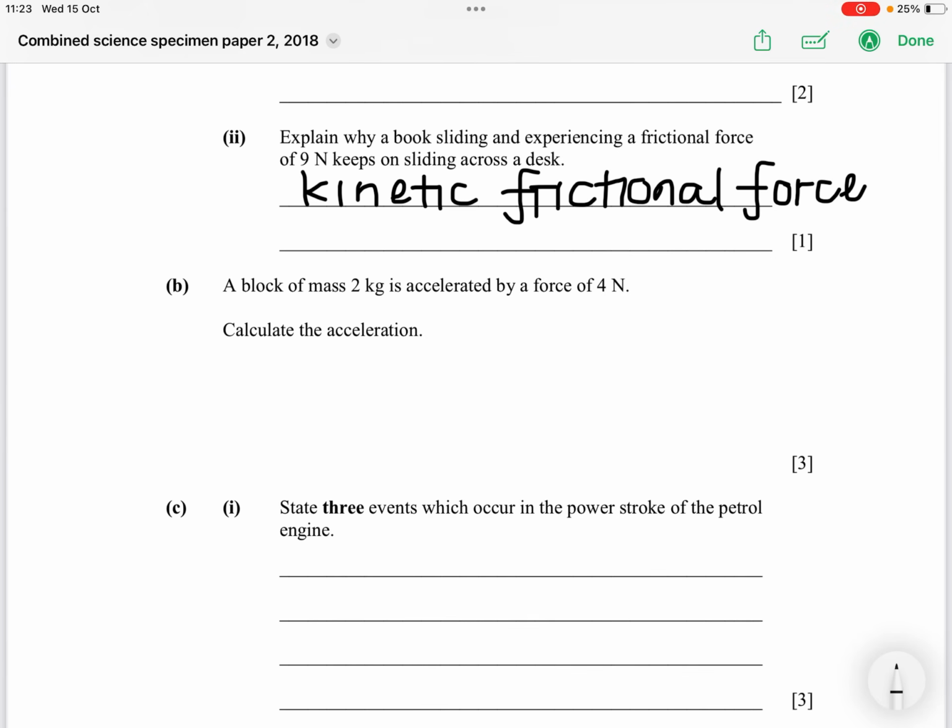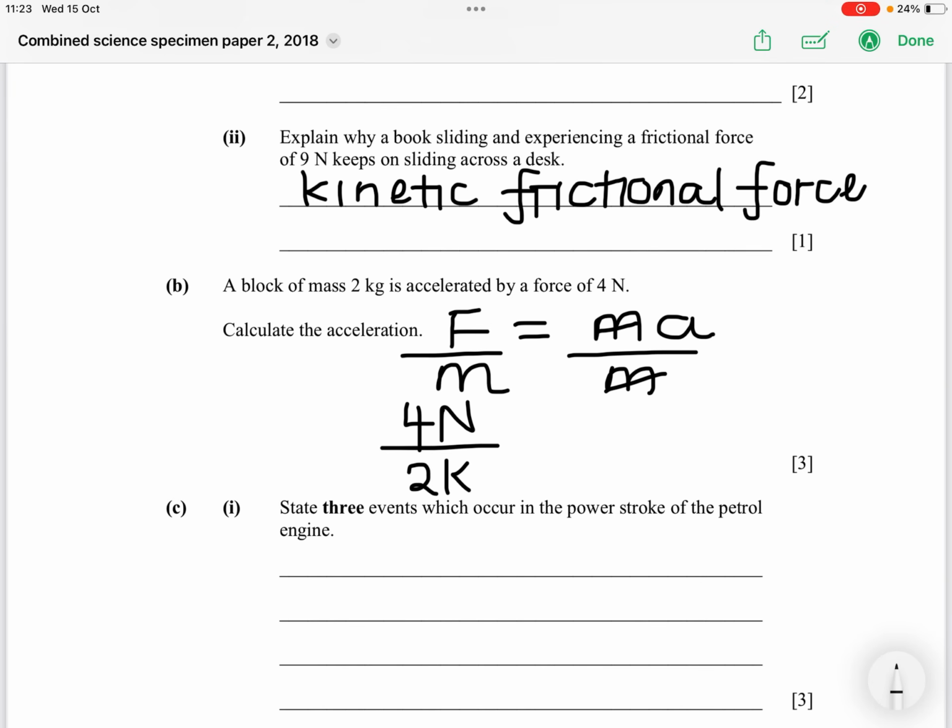And then part B, a block of mass 2 kg is accelerated by a force of 4 newtons. Calculate the acceleration. So the formula, we applied the Newton's second law of motion. We say force is equal to mass times acceleration. Here we are required to find the acceleration, so we divide by mass.